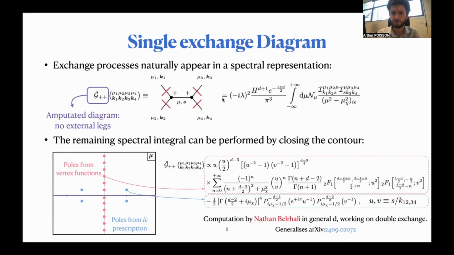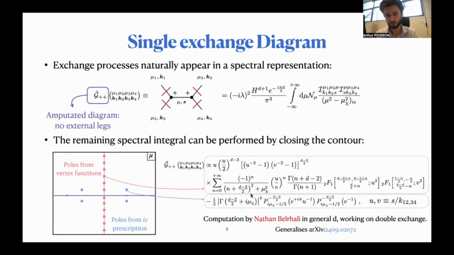And then this is given just by following the Feynman rules. This is given by this integral here. So you see that we have an integral in the mu space because we don't have conservation in mu here. And this can be performed by closing the contour, because this generates poles here on the imaginary axis, and the i epsilon prescriptions generate poles here in the complex plane.